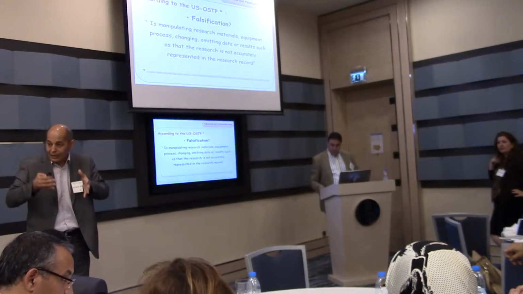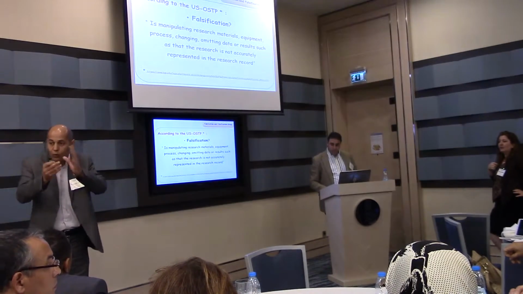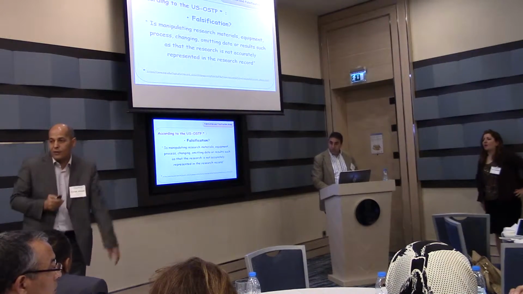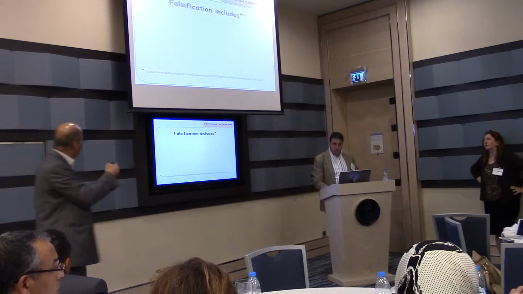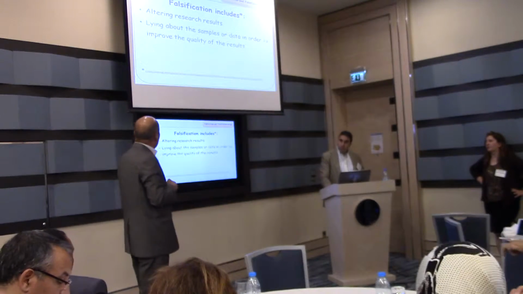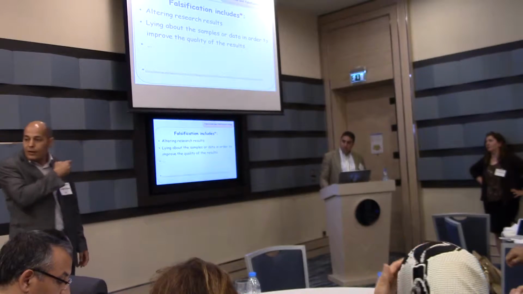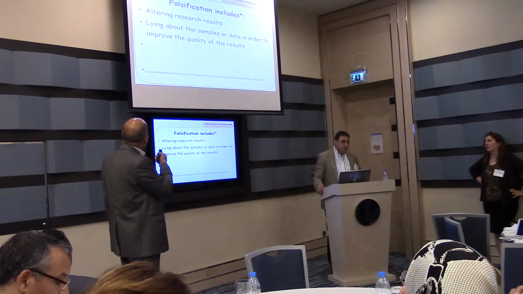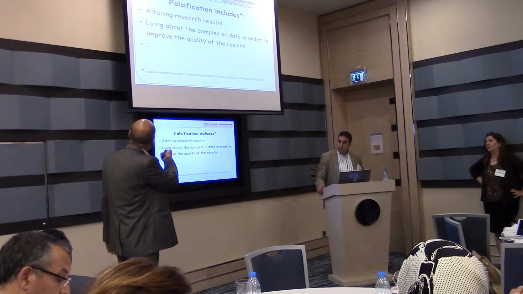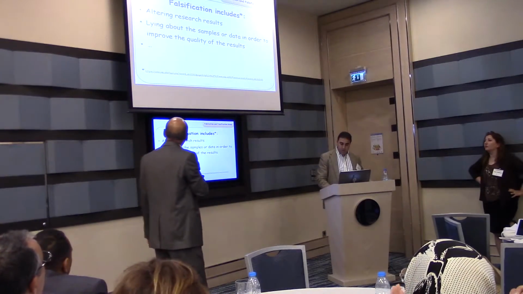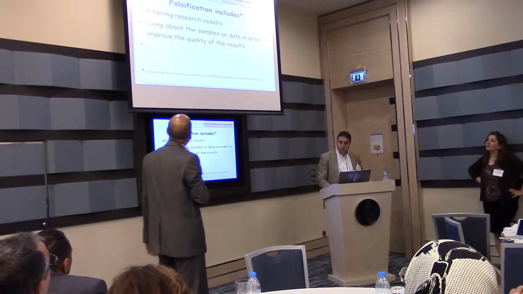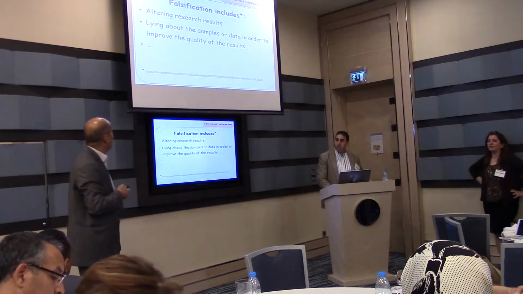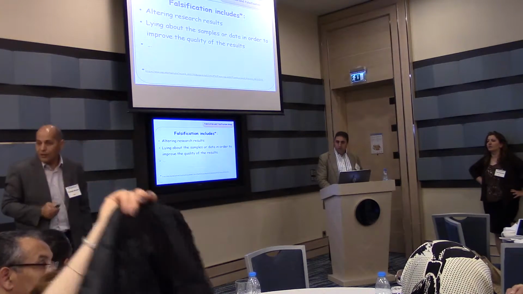The data did exist, but we are playing with these data. And this may include altering the research results and lying about the samples or data in order to improve the quality of these results.